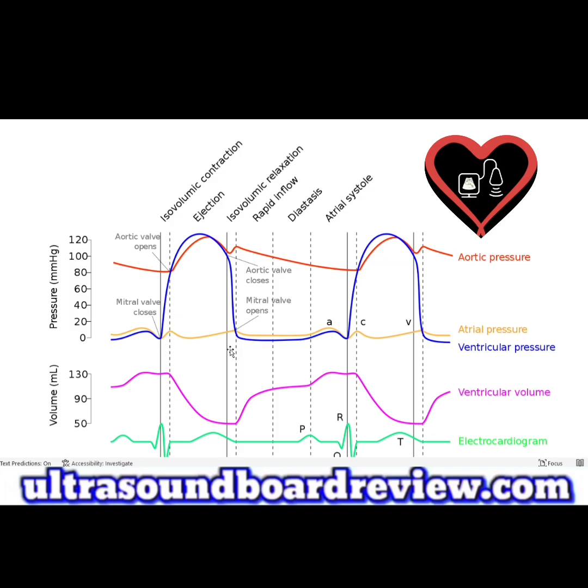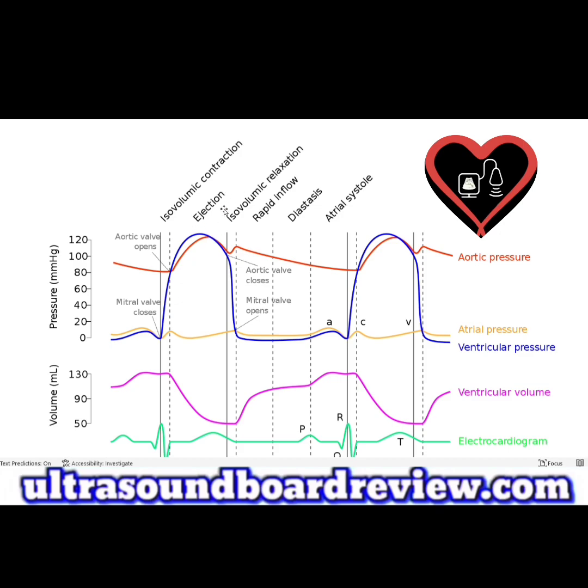On your boards, you'll have to know what ends the ejection time, what starts the ejection time, what starts IVRT, what ends IVRT, what starts IVCT, what ends IVCT. Let's say they ask you, which of the following will start isovolumic contraction time? When your mitral and tricuspid valve close, that will start your isovolumic contraction time.